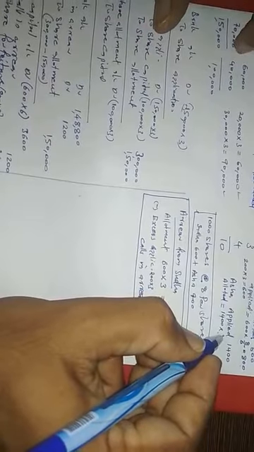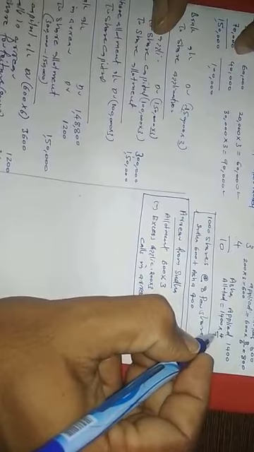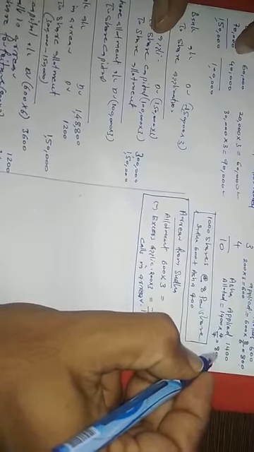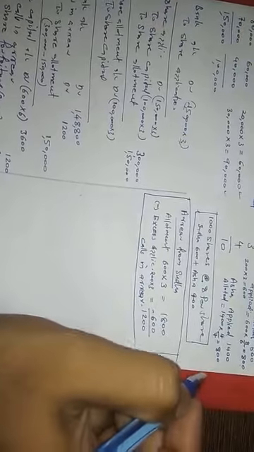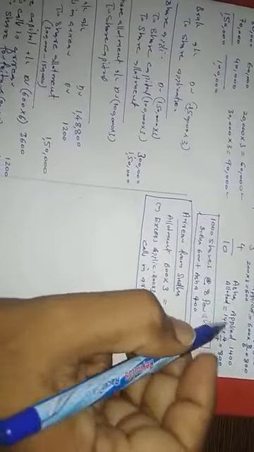That is why in this, the smaller one, 4, we are taking as numerator, and 7 we will take down. And it will come 800. So the number of shares allotted to Asha is 800.